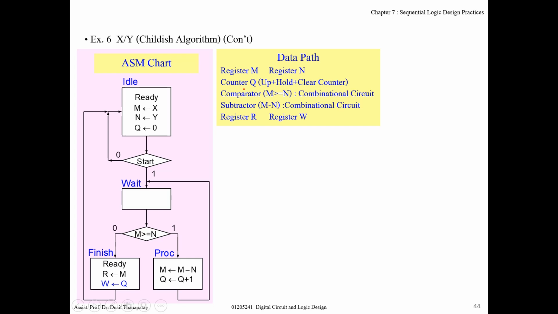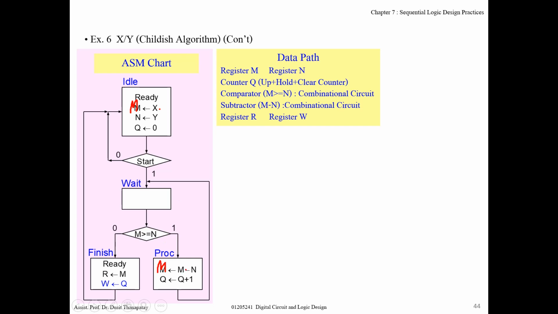And what else? For this one, a comparator and subtractor, and register R, right? To keep M, and register W, to keep the value of Q. Else, this state you assign X to M, right?